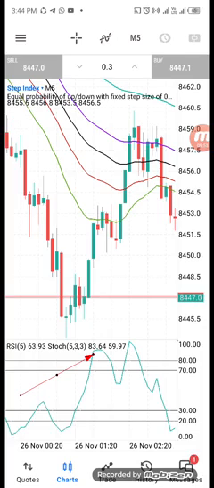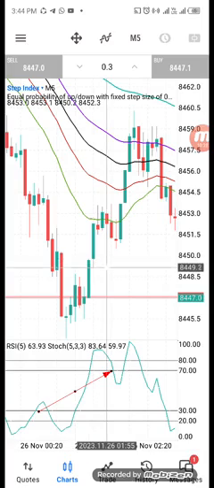Now, if we look here, we have our line crossing 70, crossing 80, and you will wait for that particular line to retrace back from 80 down to 70. Once it touches 70 back, you align it with what is going on presently on the current trend.